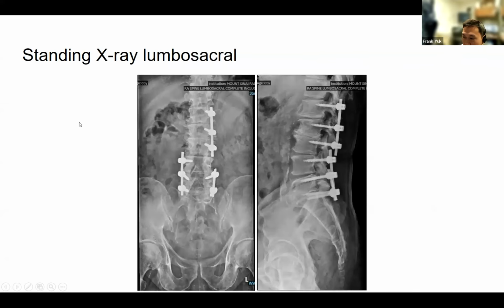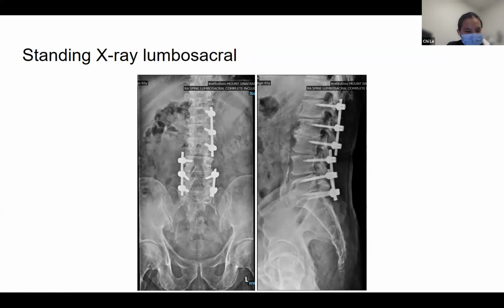Okay, so then you asked me to get an X-ray, and then you see this X-ray. So can you describe this X-ray for us, Chi? So we see the coronal and sagittal view, I guess AP and lateral view, of the standing X-ray.